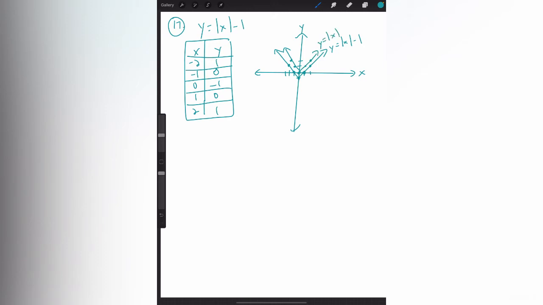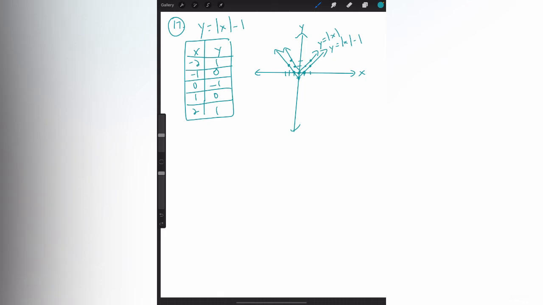And notice that the translation of y equals absolute value of x has been moved down 1. So we've been graphing this whole time using this table, right? We've been creating these tables where really the concepts of what we learned in our last lesson without absolute value also translate here too. Okay, in the last example, it was y equals the absolute value of x plus 1, and all of our values were above it. Now we have minus 1, and they're all below the parent function.